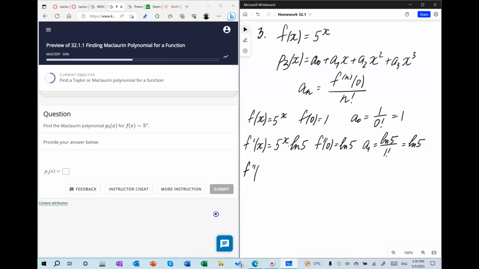The second derivative will be 5 to the power x times ln 5 squared. Evaluating it at 0 gives us ln 5 squared. So the second coefficient will be ln 5 squared divided by 2 factorial.